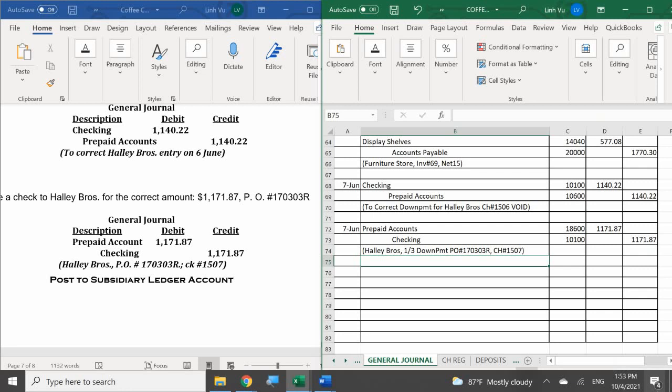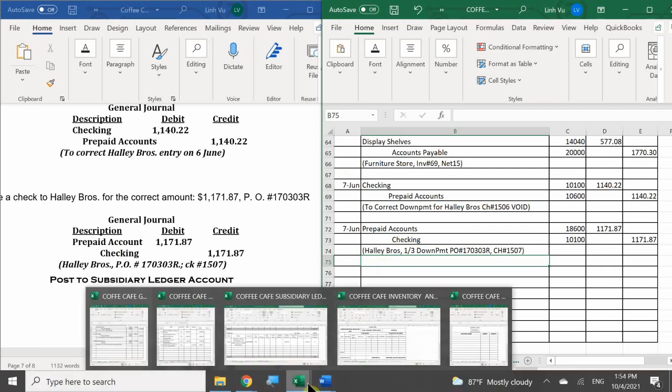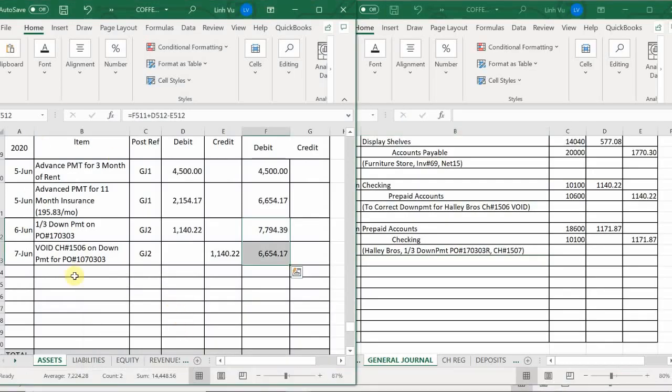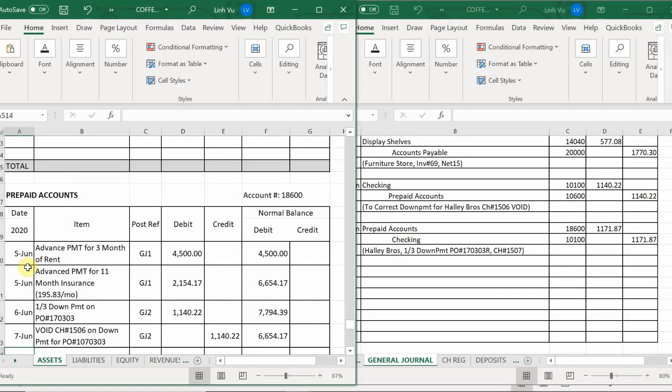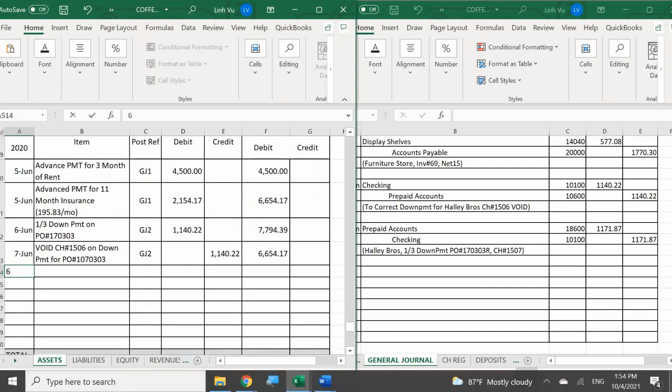Okay, so what's next? The ledger. We've got to go to the ledger. And in this case, I'll let you go ahead and do it in this exact order. Account, subsidiary ledger, right? We're in prepaid accounts already. So we're going to type everything in here. That's the same as the transaction above it where we write 1/3 down.